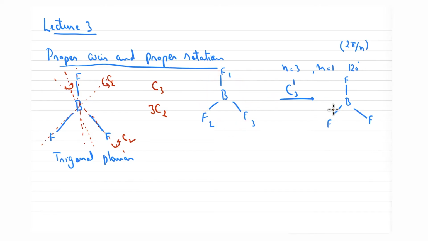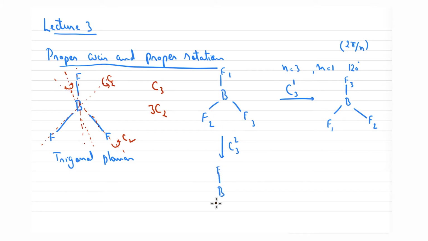So we have 1, 2 and 3. Now let's say similarly if we do C3 operation twice, what do we get? So instead of 120 degree rotation, we have to do now a 240 degree rotation because 120 is C3-1. So C3-2 will be 240 degree rotation. So what do we get?